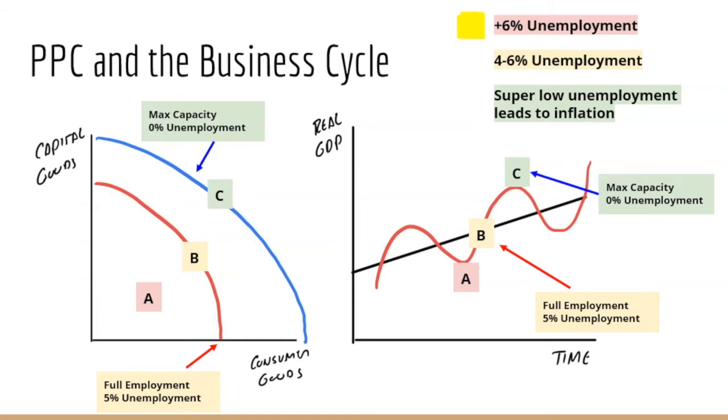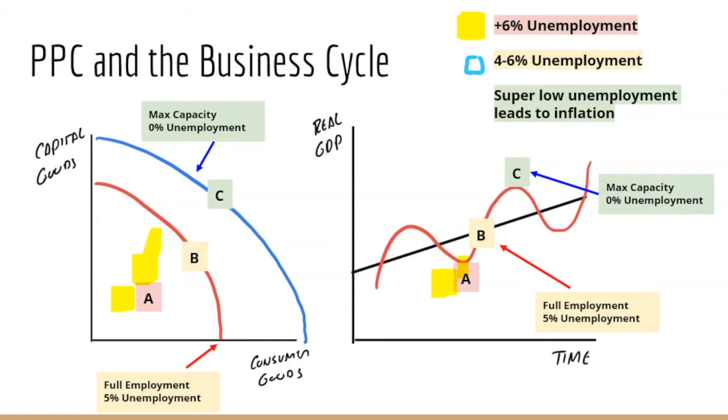We can have this red highlighted, point A. Over 6% unemployment is pretty bad, especially if we're looking at the United States. We're being inefficient with our resources, so we are within the curve in our PPC, and we are at the trough point of our business cycle.